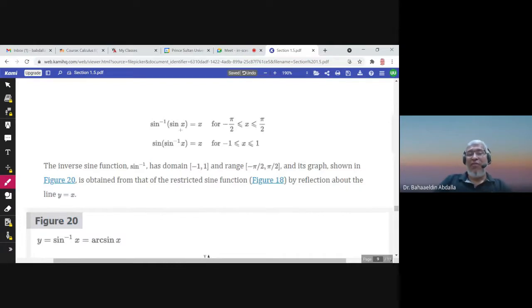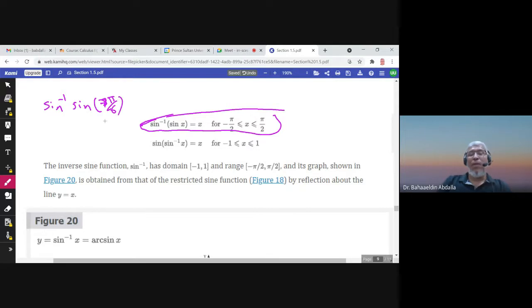So sine inverse will cancel sine only if x is in the domain of sine, which we know from negative pi over 2 to pi over 2. Otherwise, it will not be equal to x. Okay, so if you choose an angle, for example, sine inverse of sine of 7 pi over 6.